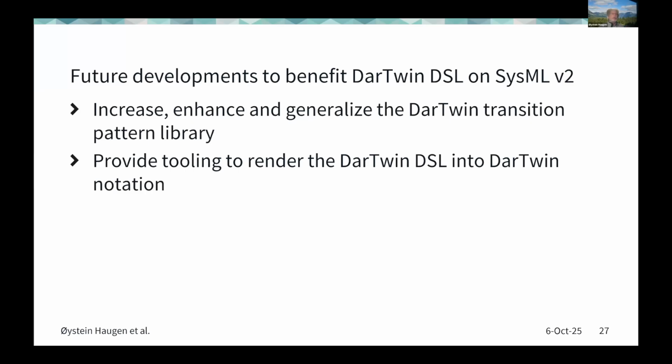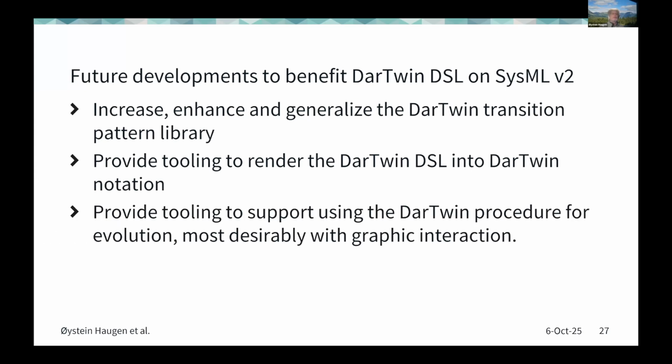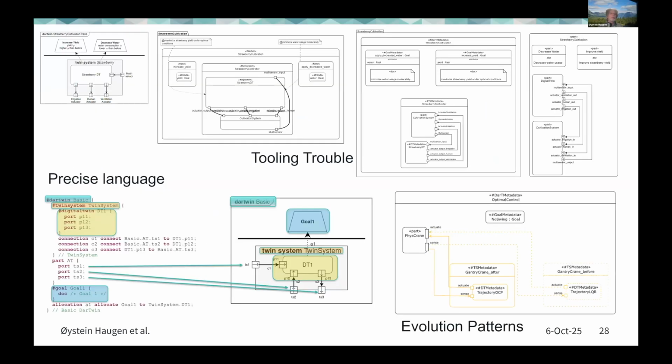And of course, the tooling issue to render the DarTwin DSL into DarTwin notation in a more precise way. And tooling to support using the DarTwin procedure for evolution, hopefully using graphic interaction for that purpose as well. And that concludes my talk on this.